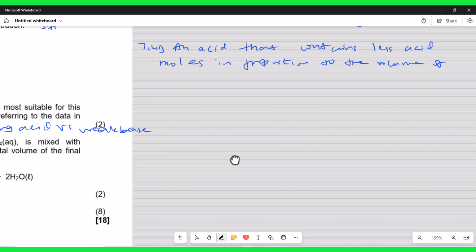In other words, you've got too much water. That's why the acid is dilute. So a dilute acid is an acid that contains less acid moles in proportion to the volume of water.